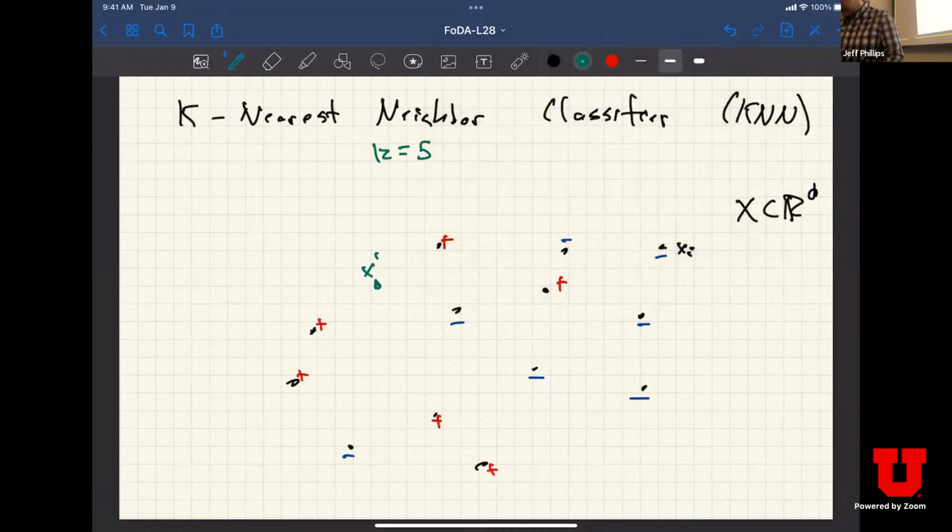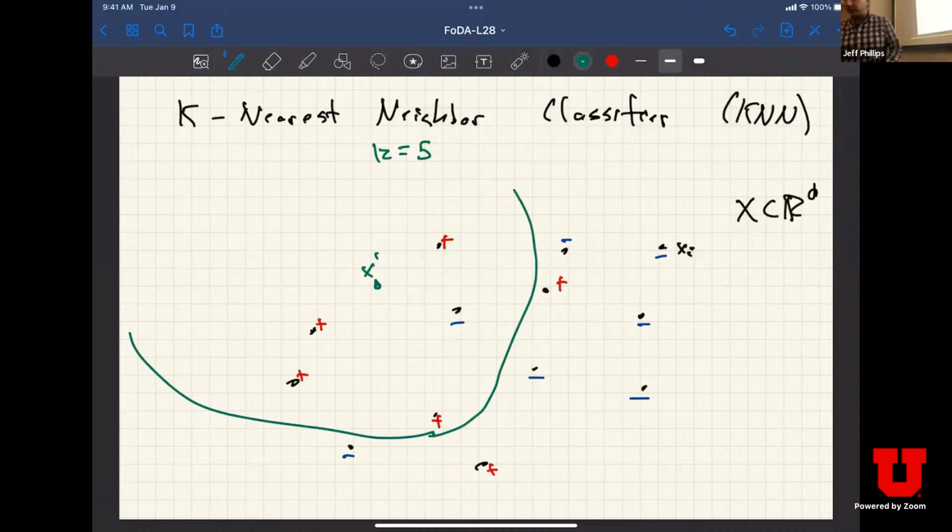If I draw a circle around x prime, and I keep making that circle bigger until it includes 5 points, right? So these are the 5 closest points, okay?